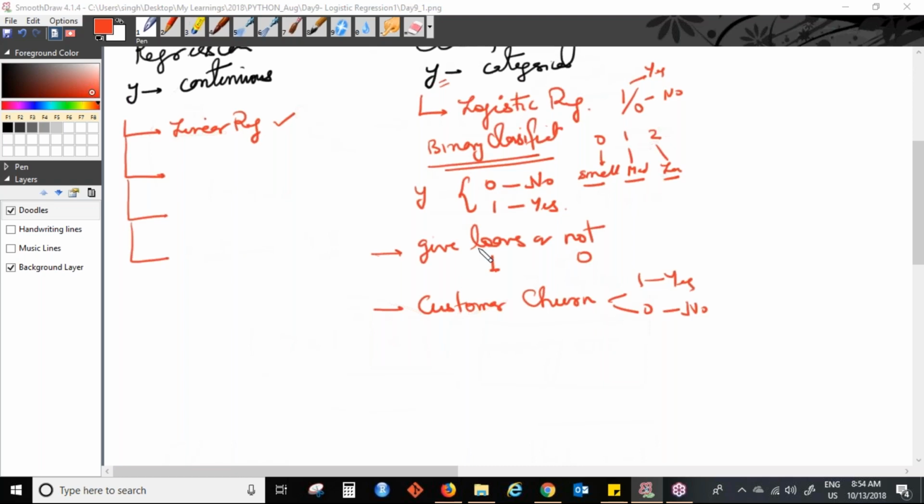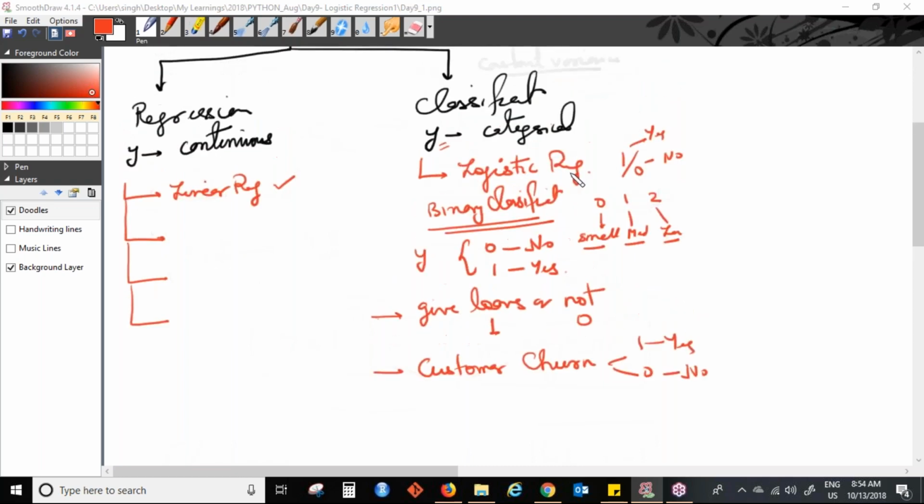Any questions so far before I dive into the details of logistic regression? The face may belong to anybody on Facebook, right?